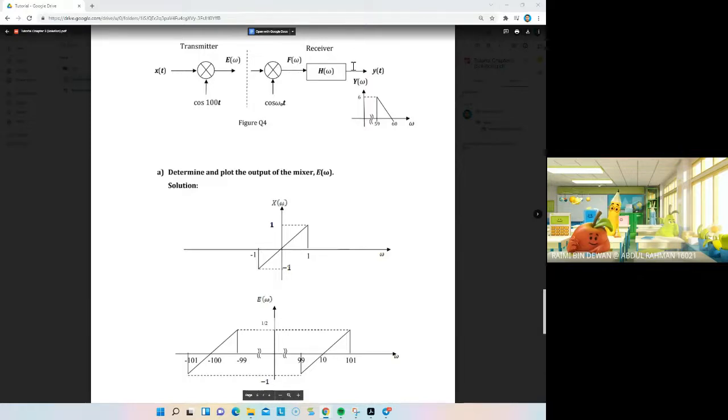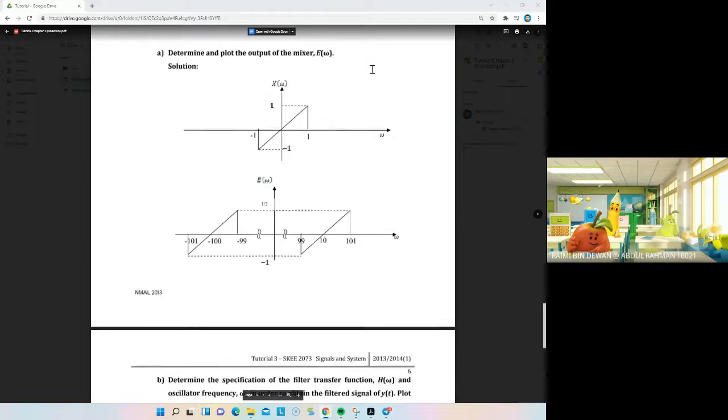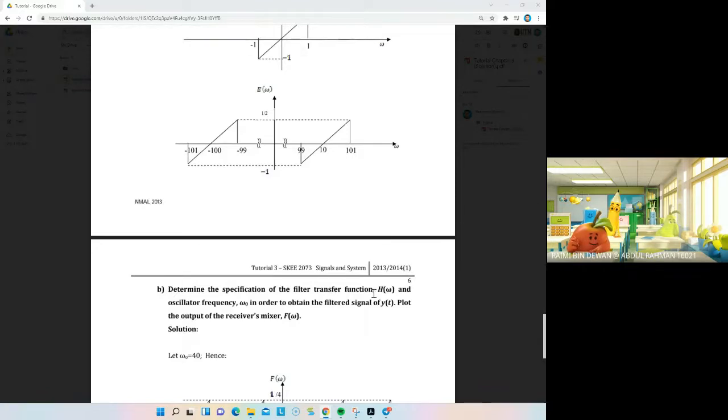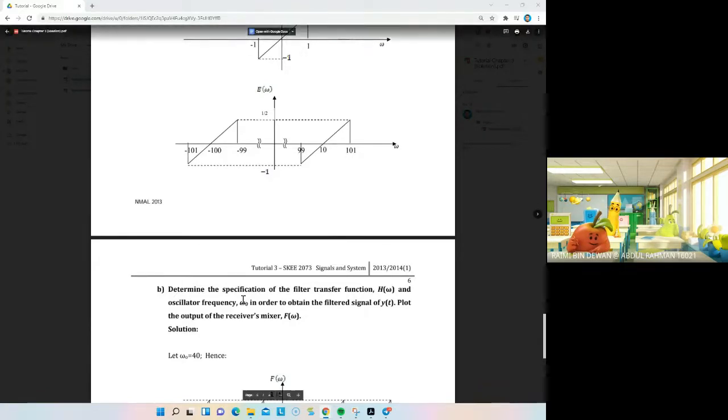This is the input after the mixing, and this is the receiver after passing through the filters. Determine the specification of the filter transfer function H omega and the oscillator frequency.